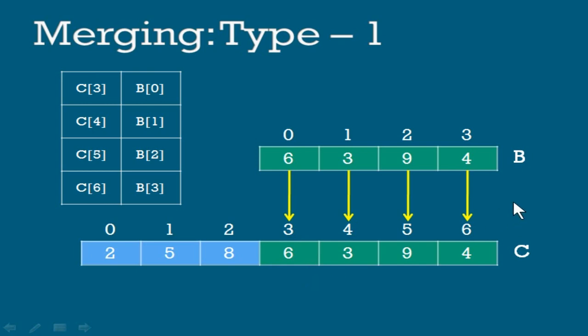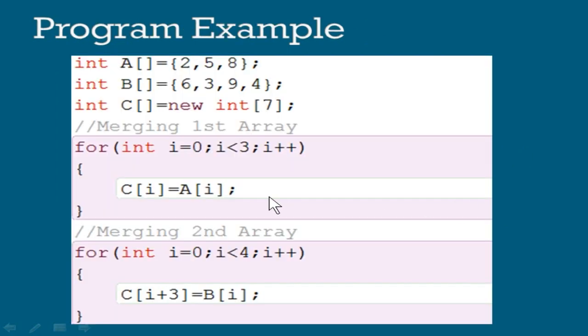You can see this with a program example. You have to create three arrays. The first array will have 3 elements and the second array will have 4 elements. The C array should be created with 7 elements, so the subscript value should be 7. Now how to merge the first array? You are going to use a for loop which starts from position 0 and goes on to 2, that is 0, 1, 2, increasing by 1.